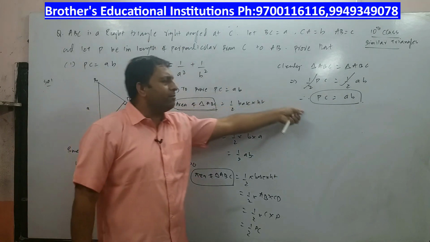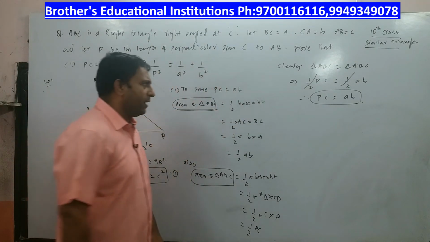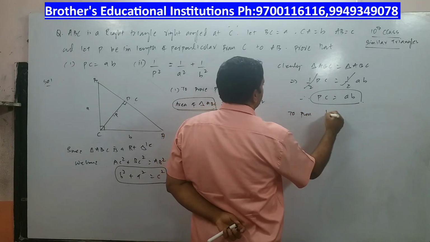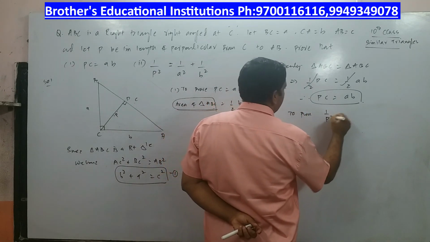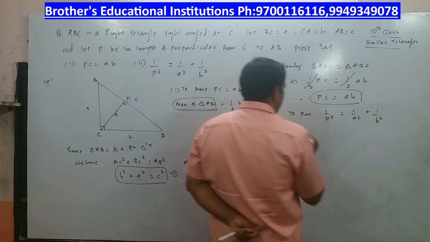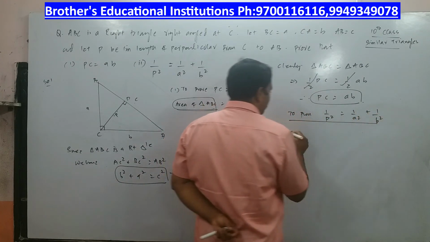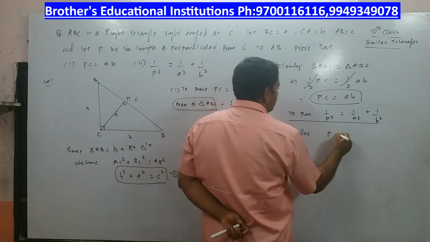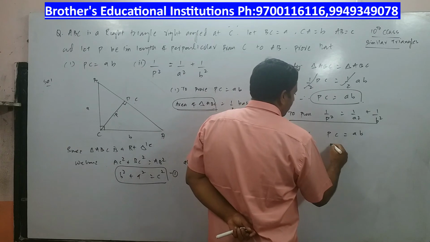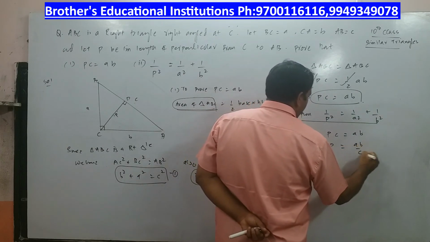Now, using the same result, I will try to prove the second part. So, pay attention. To prove 1 by p square is equal to 1 by a square plus 1 by b square, consider pc is equal to ab. Now, p is equal to ab by c.